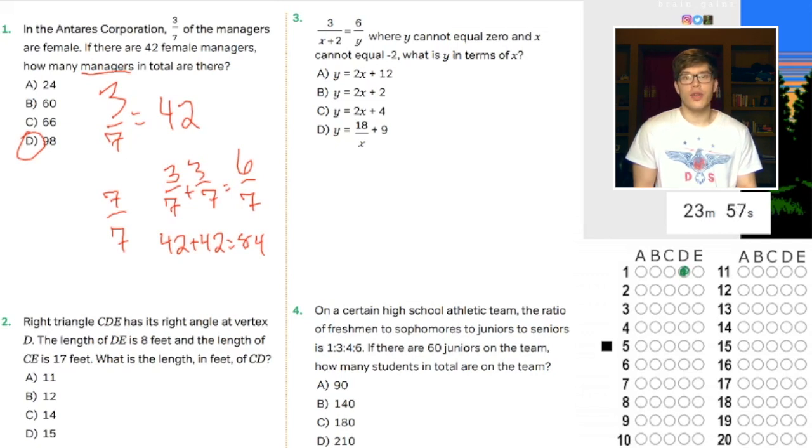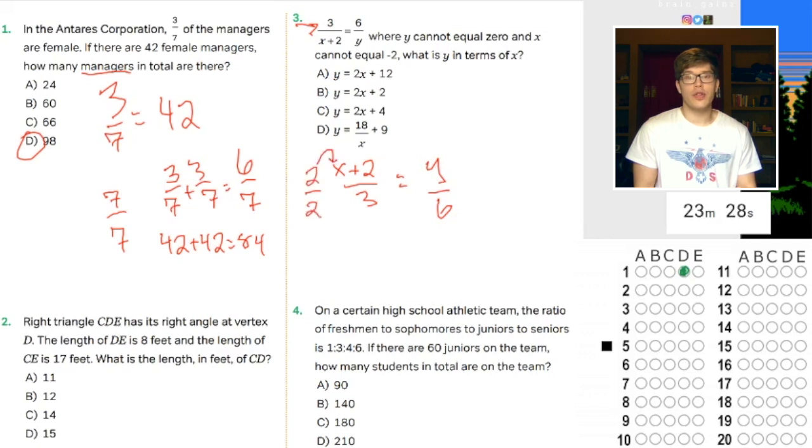Let's look at number 3. 3 over x plus 2 equals 6 over y, where y cannot equal 0 and x cannot equal -2. What is y in terms of x? Okay, so let's reciprocate these fractions so we can have x plus 2 over 3 equals y over 6. Let's get some similar denominators, so let's multiply our top and our bottom by 2.